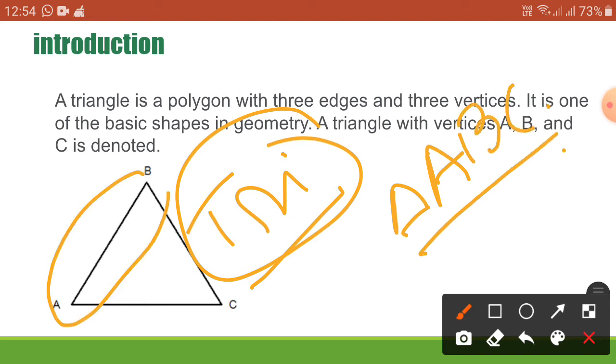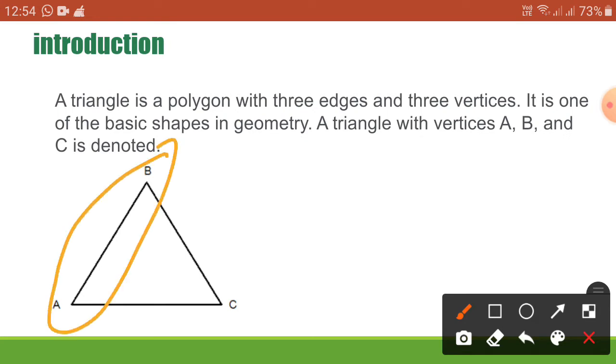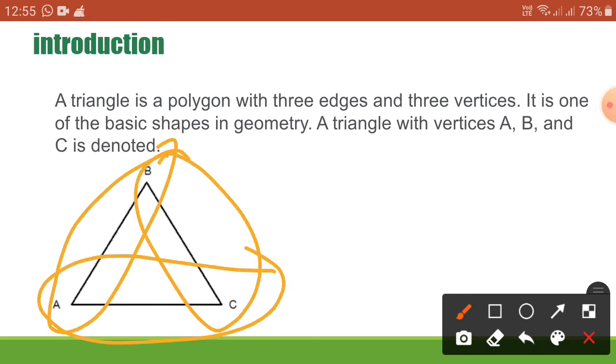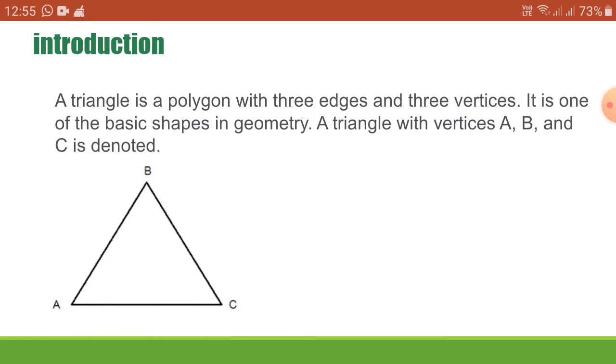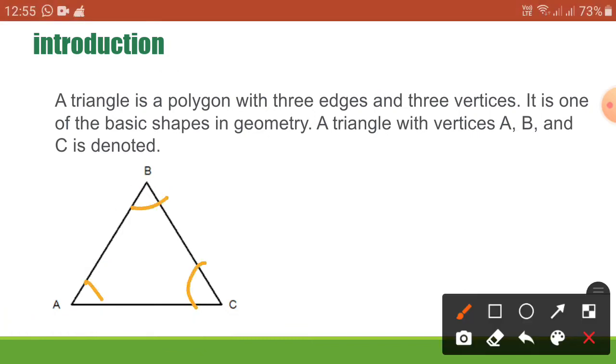In this triangle, AB, BC and AC are the three sides, and angle A, angle B and angle C are the three angles, and vertex A, vertex B and vertex C, that means three vertices are there in this figure. You know what is vertex, what is edge.